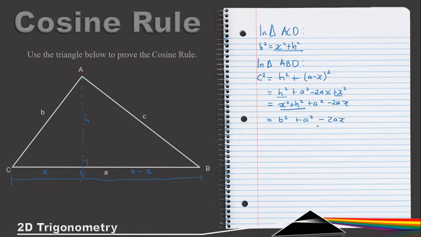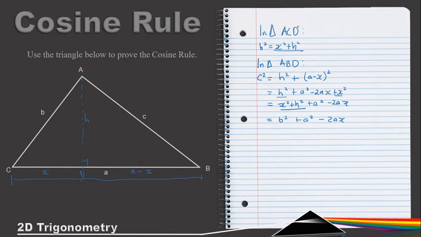All right, and now since we're using the cosine rule, or actually not the cosine rule, I'm just going to apply cos, which is adjacent over hypotenuse, to this triangle over here.